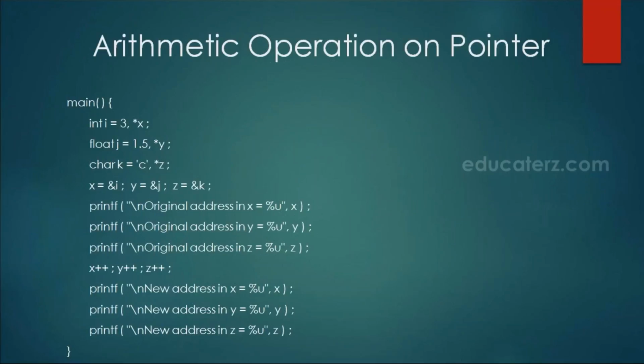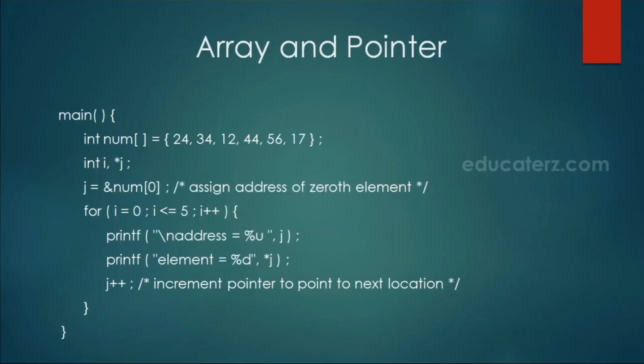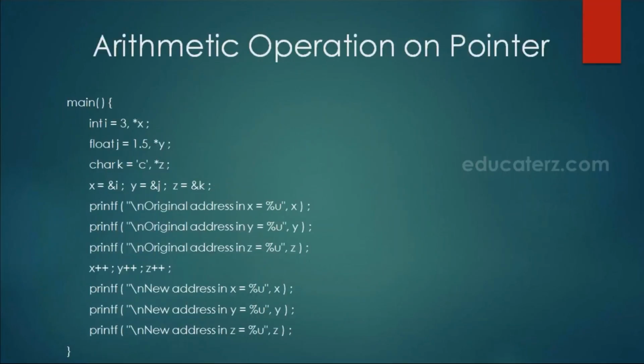We can have arithmetic operations on pointers. We can create pointers of different types like integer pointer, float pointer and character pointer. When we say int *x, it means that x is a variable which can hold the address of another variable holding an integer value. float *y means the variable y is pointing to the address of another variable of type float.